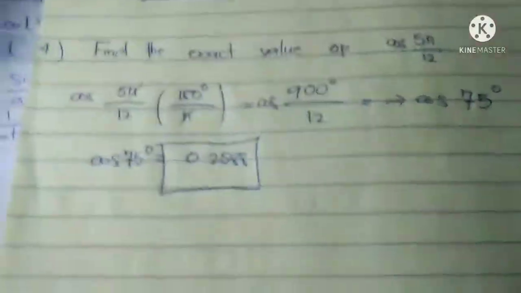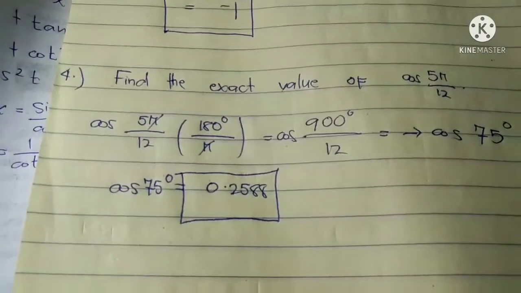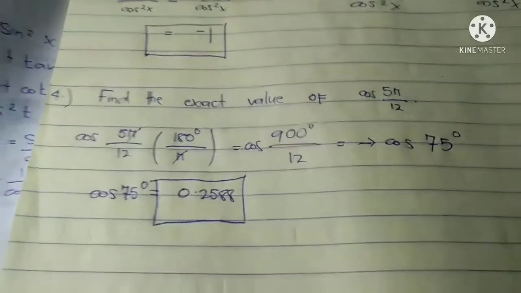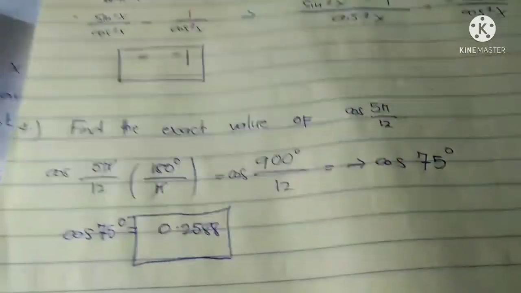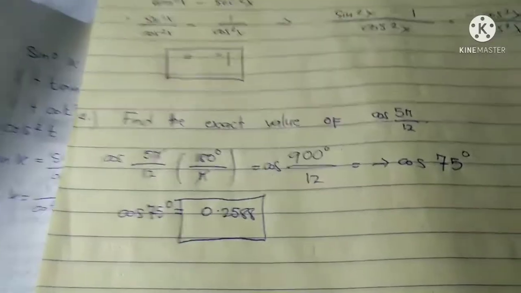Now we are in number 4. We are asked to find the exact value of cosine 5 pi over 12.